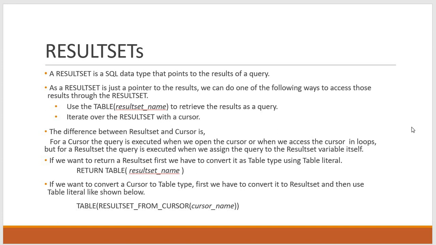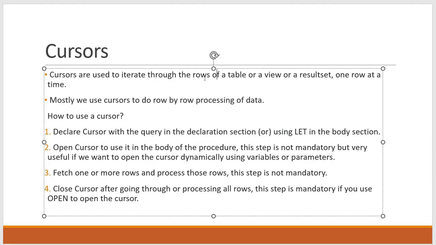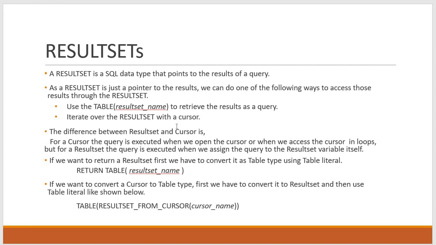I just explained, what is a cursor? If I want to do row by row processing of a table or a view or a result set, this cursor is useful. So this is another way: by using cursors also we can access the result sets row by row.